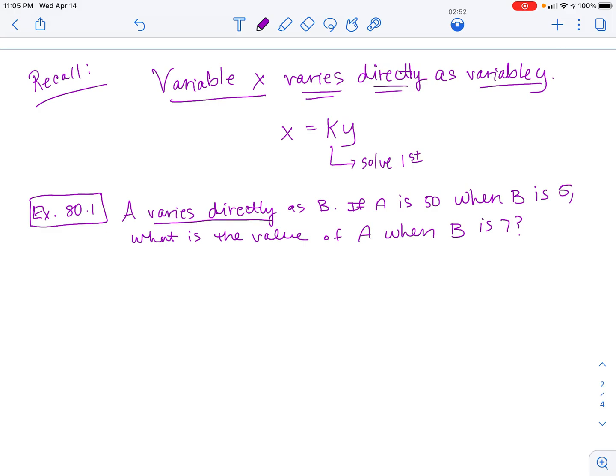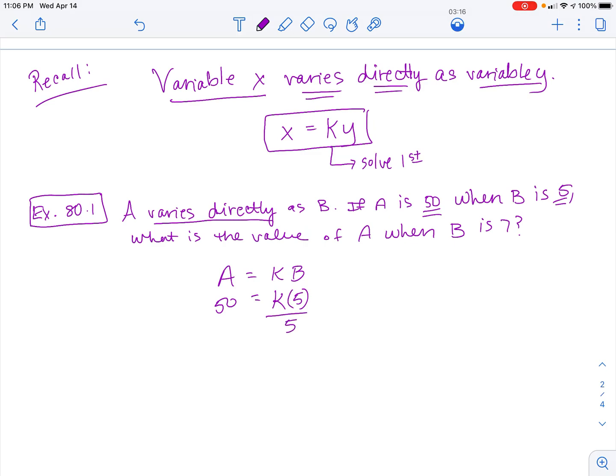So we notice this is a varying directly problem. If we use this little equation up here, we would say that A varies directly with B, and we put that constant of proportionality in there. Then we fill in A as it is in the beginning, and we put in B right here.